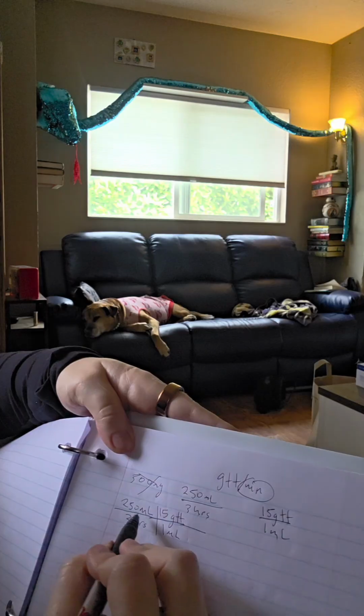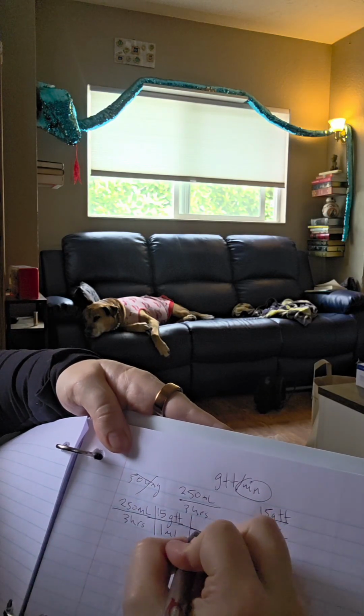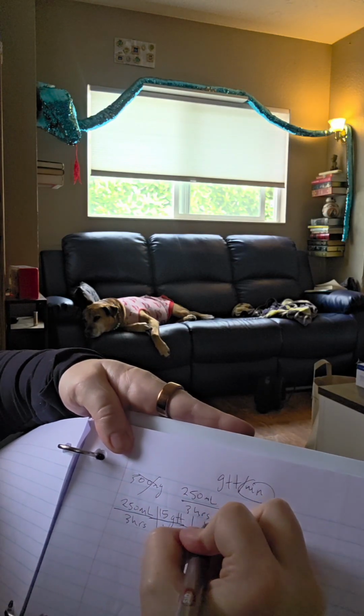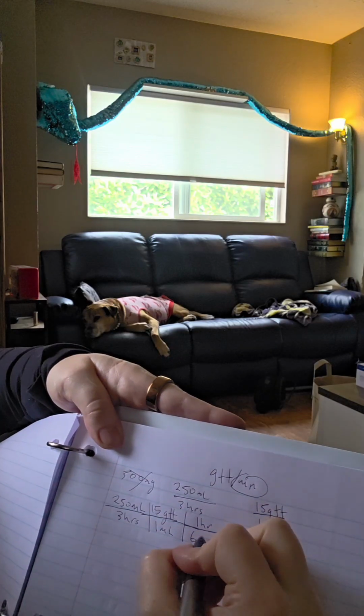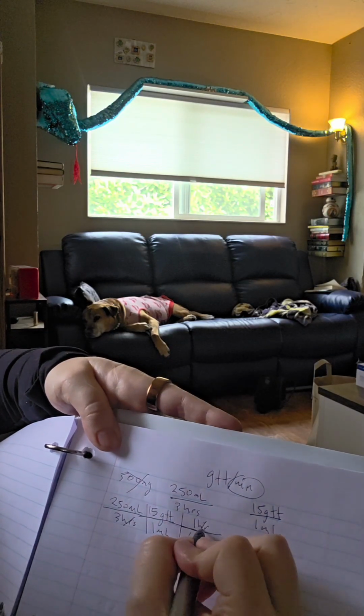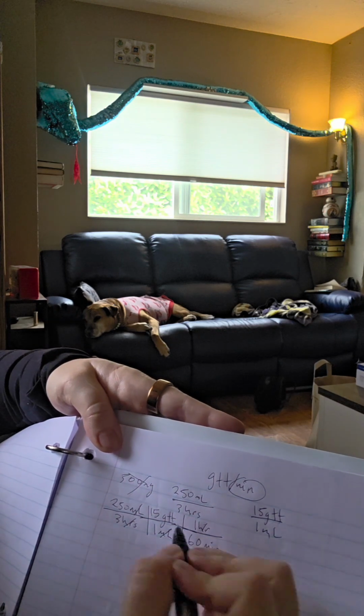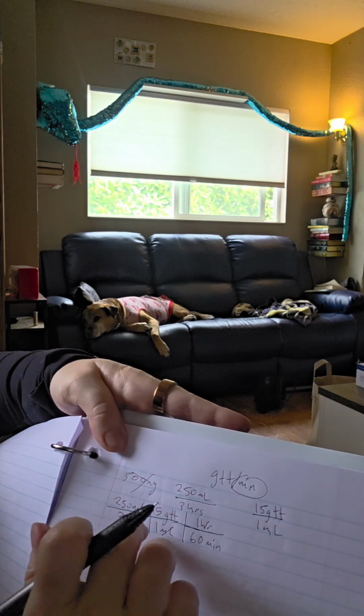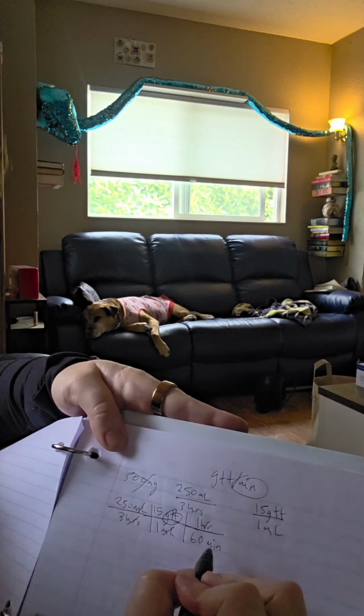So that's minute, not hours. So we're also going to add in 1 hour is the same as 60 minutes. So that'll cancel out the hours and the milliliters, and we'll be left with GTT per minute.